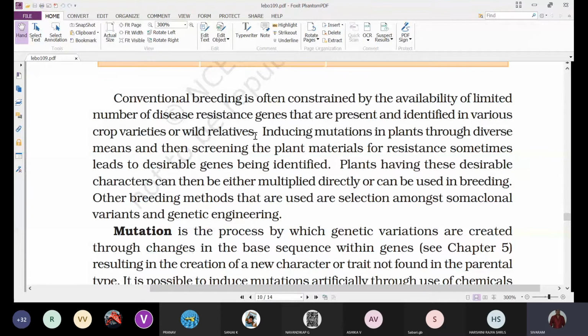By using somatic hybridization, we'll get some new varieties, and these new varieties later undergo tissue culture to produce a large number of new plants. Or we can use genetic engineering, that is a biotechnological process, by which we can develop new varieties of crop plants.